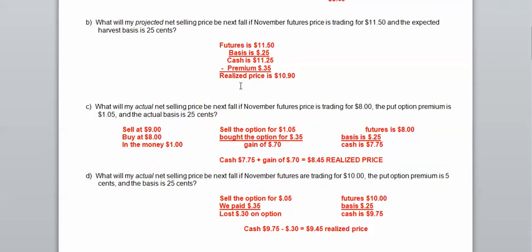Okay, that was if we did not exercise the option. Now in C, if price does go down, we're not usually going to actually exercise the option. What we're going to do is actually sell the option back in the open market.